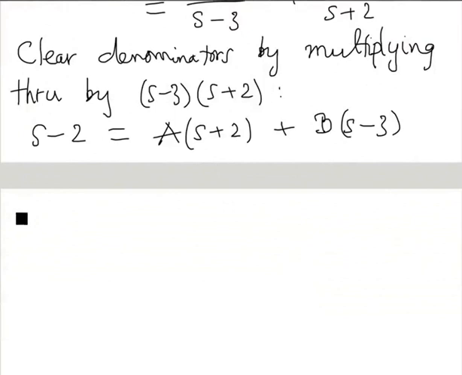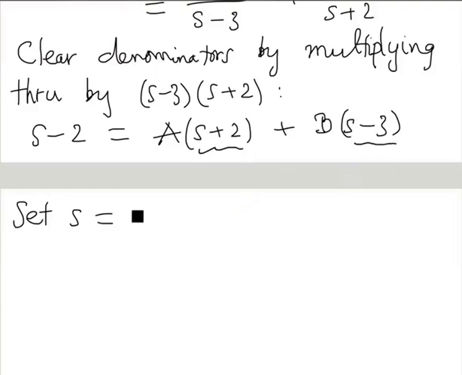Now, we will use some special values of s to determine the values of a and b. By special values I mean values of s that make one of these terms 0.